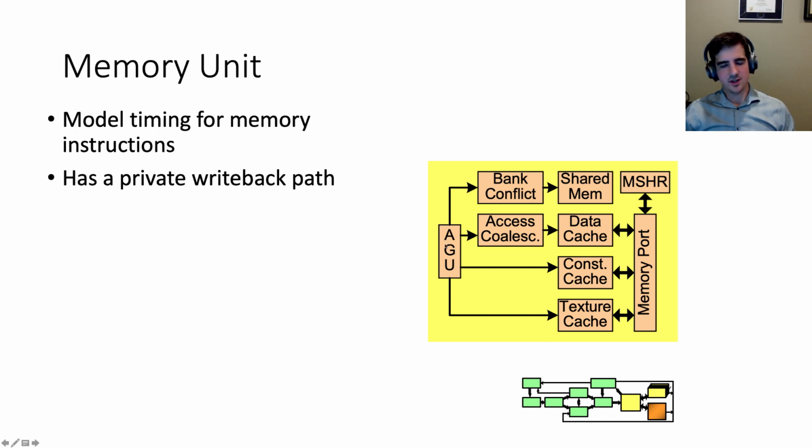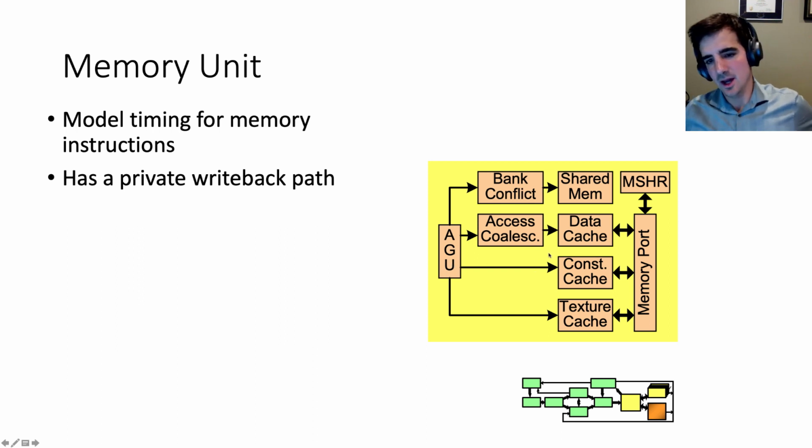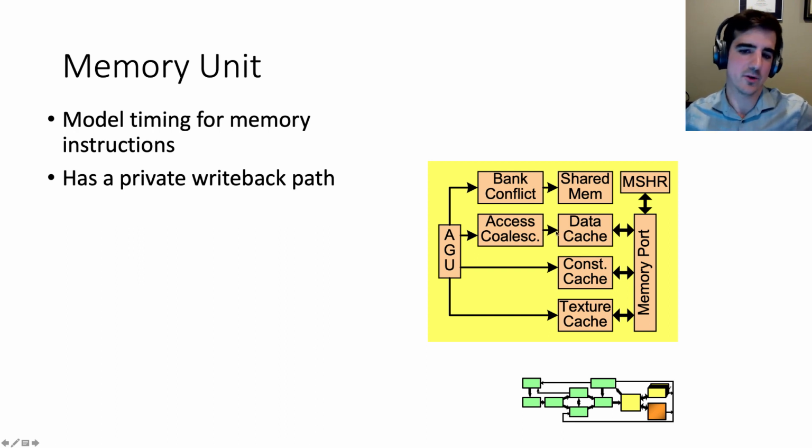In the front of this is this thing called the AGU, which conceptually is what's known as the address generation unit. This is the thing that spits out all the addresses for all the threads that you want to execute from an instruction on any given cycle. There's code inside the simulator that will do the coalescing, like we said, and after the coalescing, you will access the cache based on whatever the number of accesses generated from all the threads are for global and local memory accesses.